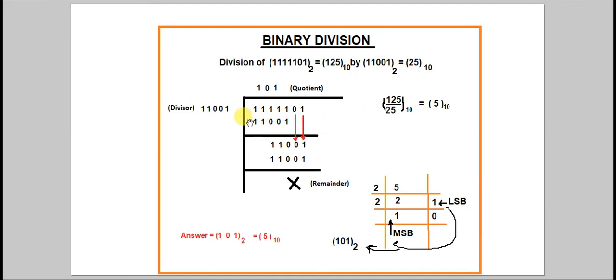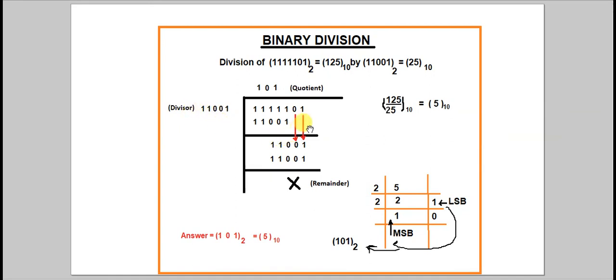So what we do here now is divide. The dividend is the number 1111101, and the divisor is 11001.